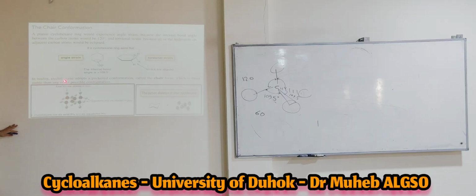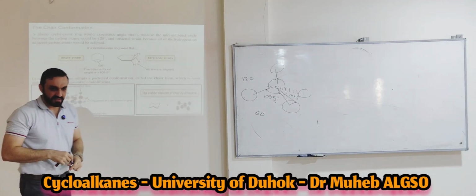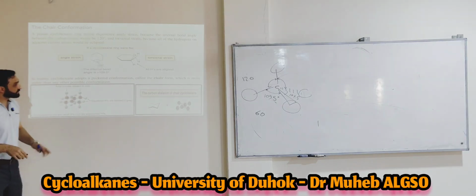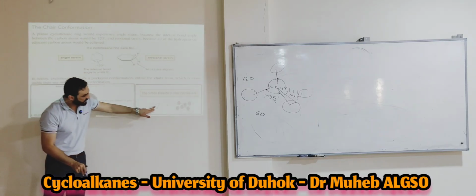In reality, the cyclohexane adopts this puckered conformation, like that, crumpled. So, the chair form, which is more stable than another possible conformation. This is the chair form. Look, this is the chair form.